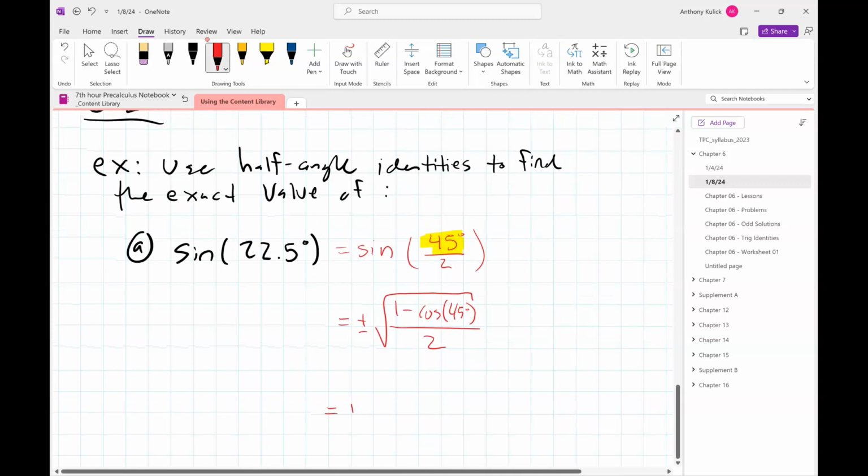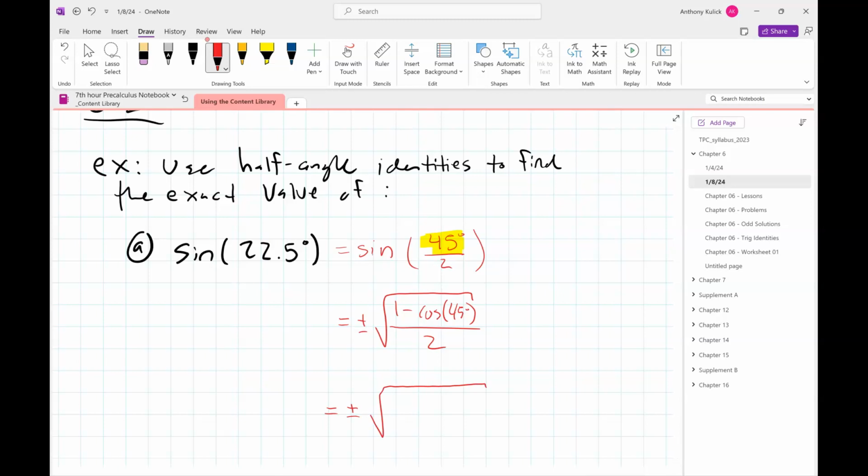Next, I'm going to go to my unit circle and find the value for cosine of 45 degrees. Can somebody look at their unit circle and tell me what cosine of 45 degrees is? Great, Nora. Square root 2 over 2 is correct.